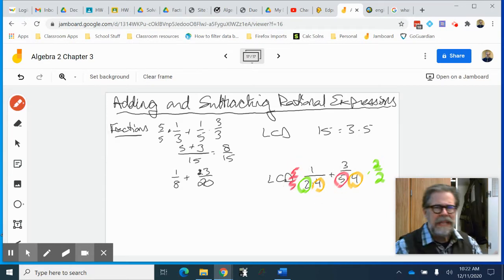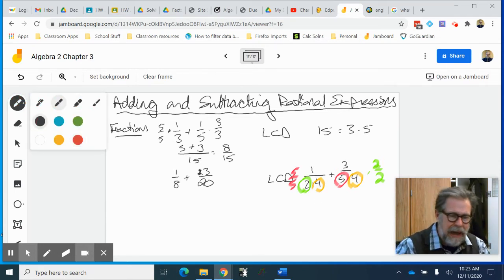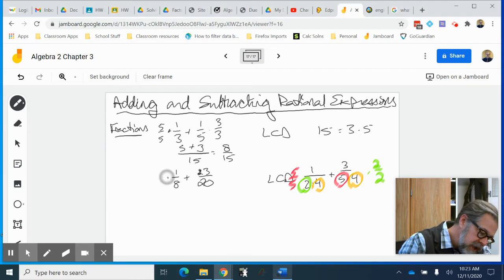So when we're dealing with least common denominators, what you want to do is identify, well, what have I already got in both my denominators? And then I only need to add the things that I don't already have. And it makes life a whole lot easier down the road, especially when we're dealing with rationals. Not so much with numbers, doesn't really matter, except you get big numbers and then they're a pain to deal with. So in this case, I'm going to multiply the 8 by 5 over 5.